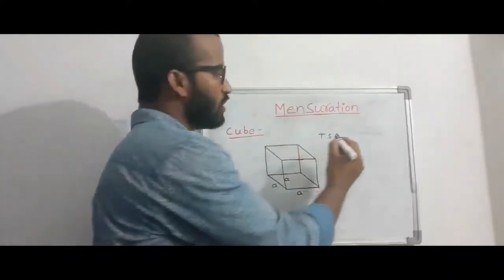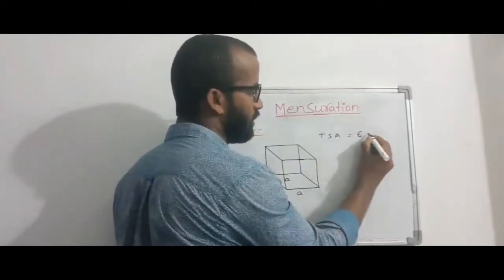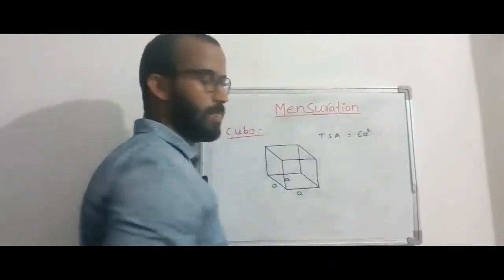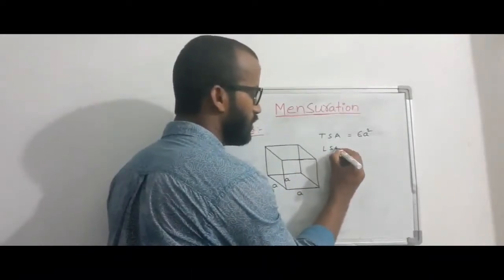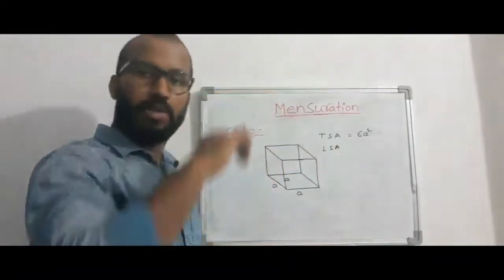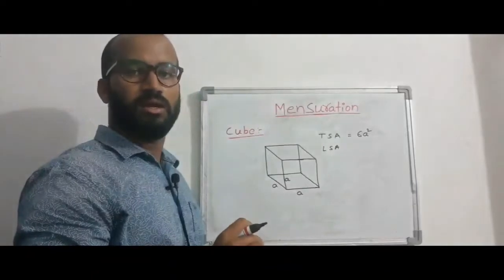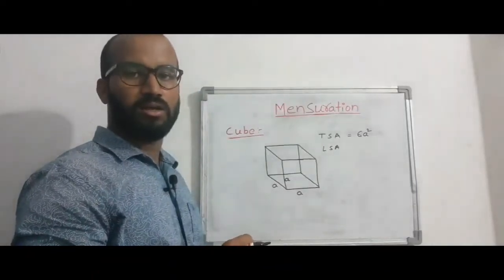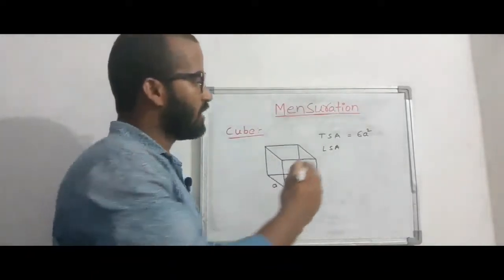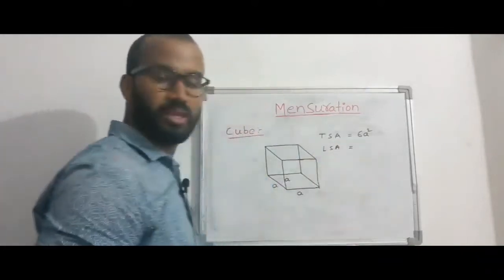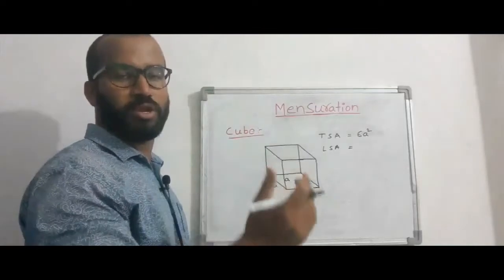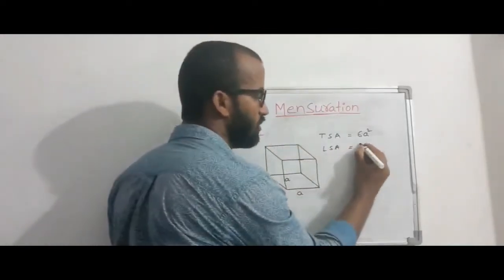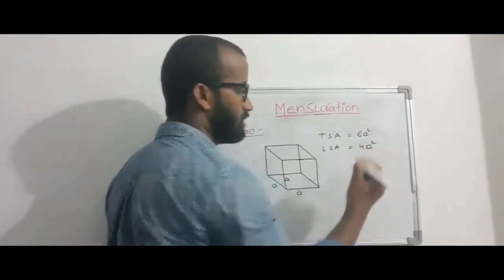So what is the total surface area for the cube? 6A square. What about lateral surface area? If you remove the top and bottom, then it is called lateral surface area. Top and bottom removed means 2A square removed from 6A square. So 4A square will be the lateral surface area.